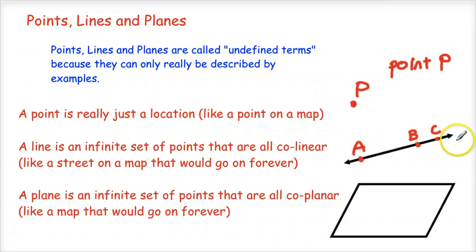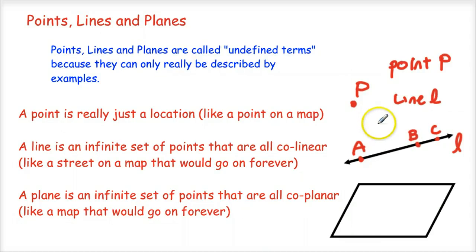Sometimes you'll also see a line described by a lowercase script letter that's off of the line. So you might see a line and then a lowercase script L. I could call this line L if I was writing that out in a sentence. I could also call this line AB or line BC.